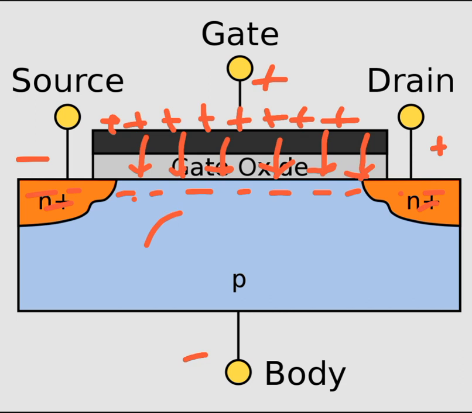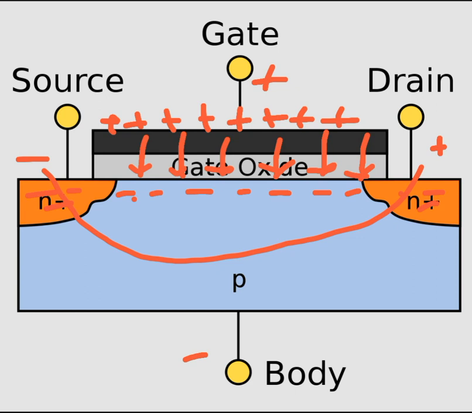So because of that, you see now the electrons have a complete path from source to the drain. The channel is complete. We see that the electrons are traveling and the circuit is closed.